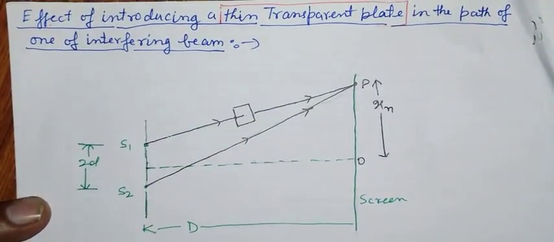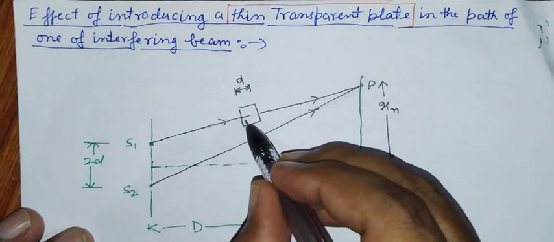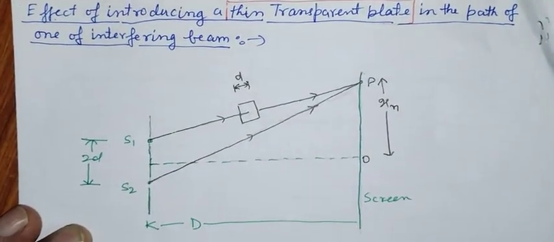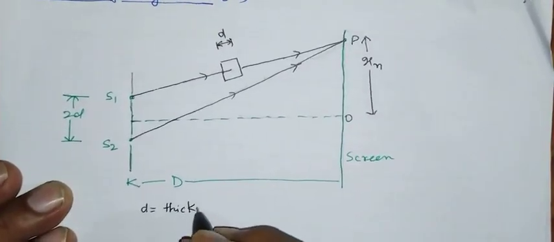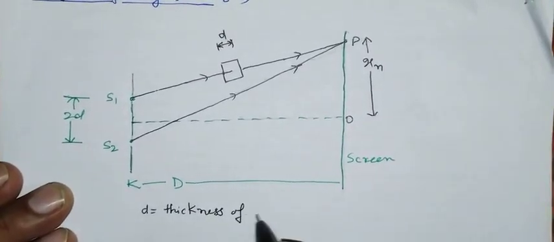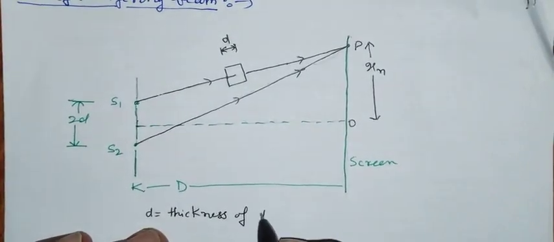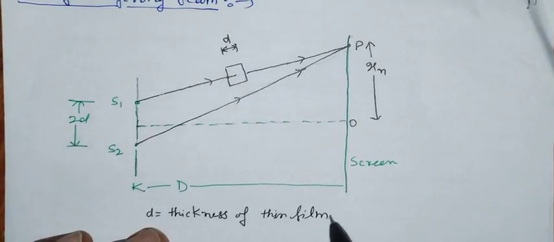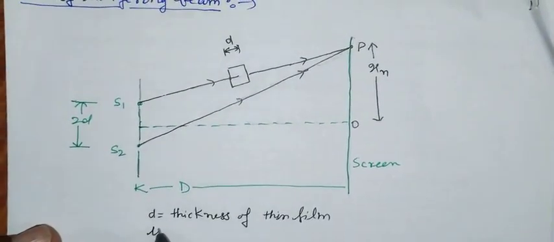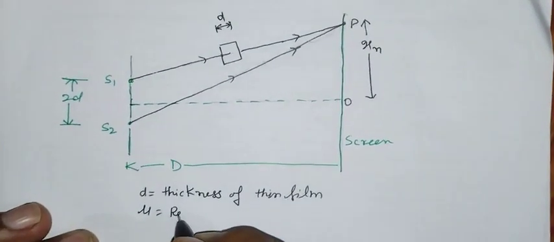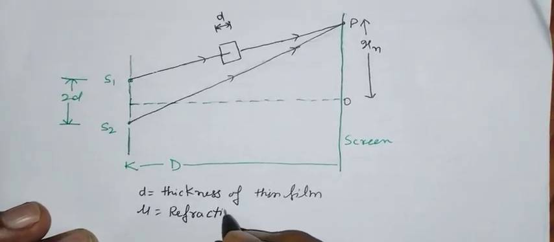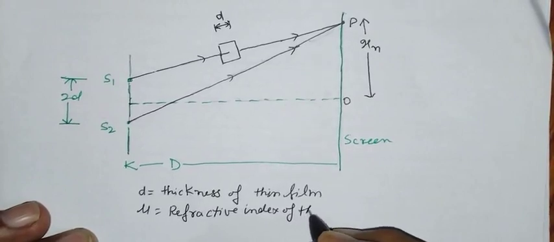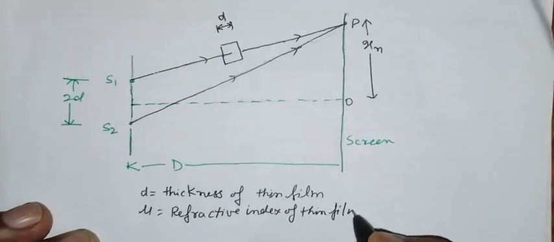Now see carefully that the thickness of the thin film is small d. So here small d denotes the thickness of the thin film, and let mu denote the refractive index of the thin film.